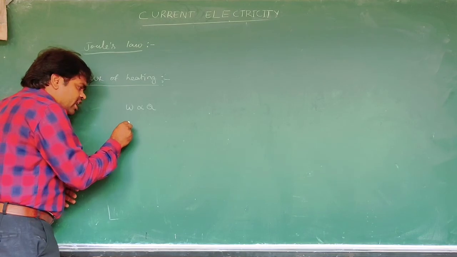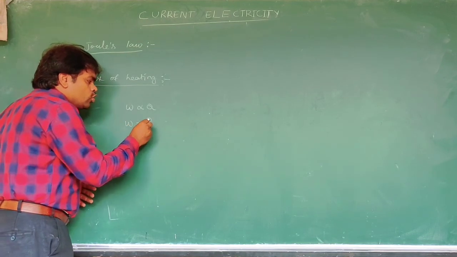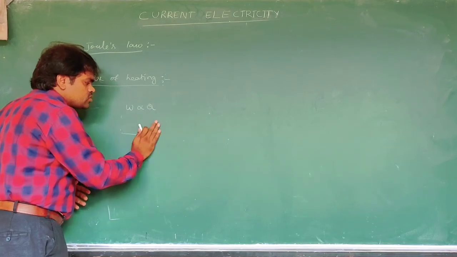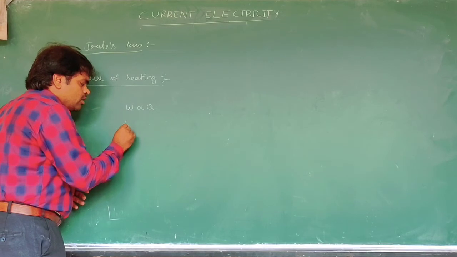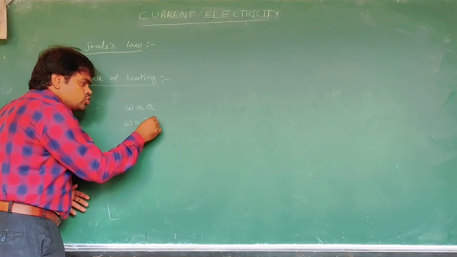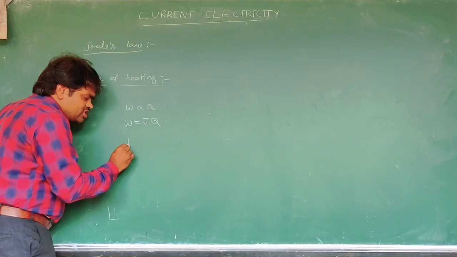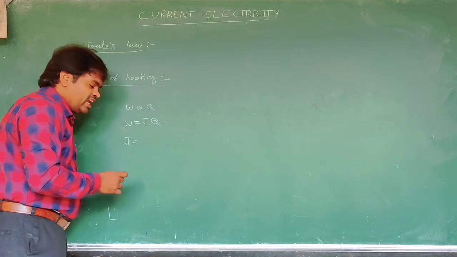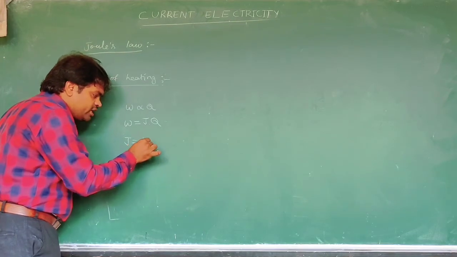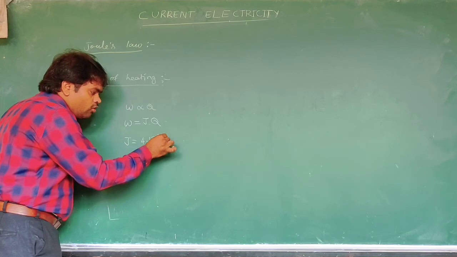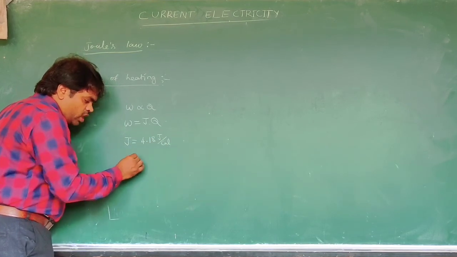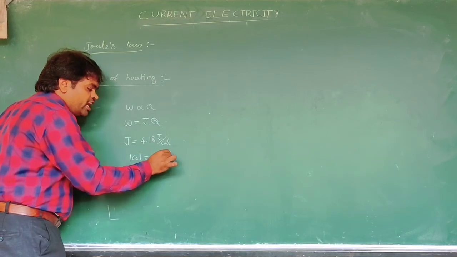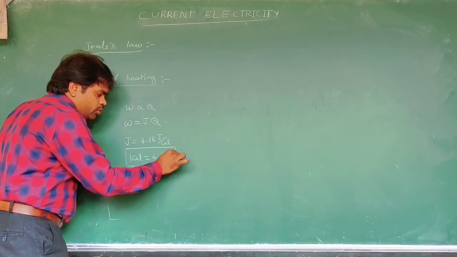That way, we can say W is equal to J into Q, because J is the Joule constant or mechanical equivalent. Its value is 4.18 Joule per calorie. That means 1 calorie is equal to 4.18 Joule. It is very important.